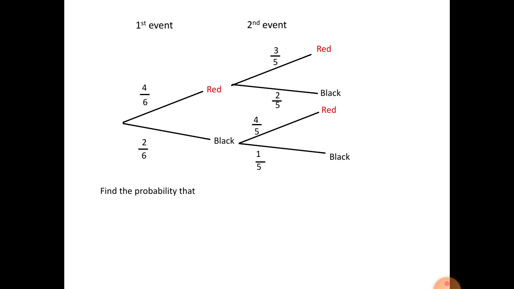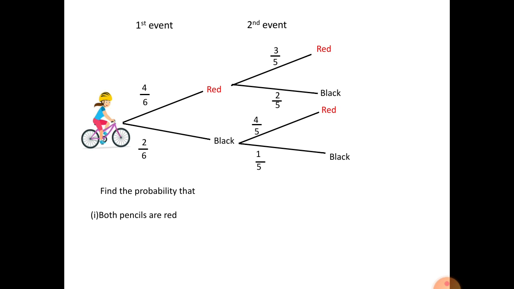Now they have asked to find the probability that both pencils are red. Imagine this tree diagram as a road for this child. Here there are 4 roads. Red to red, red and black, another road, black and red, another road, and the final one, black and black.